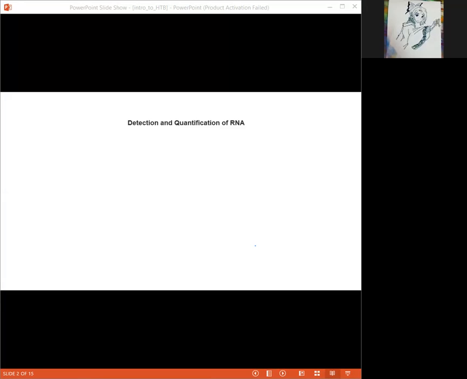Sir, Northern blotting. Northern blotting. And any other technique? Sir, UV measurement at 260 to 280 nanometer for RNA quantity. Okay, that is good. RNA quantification. And any other method?